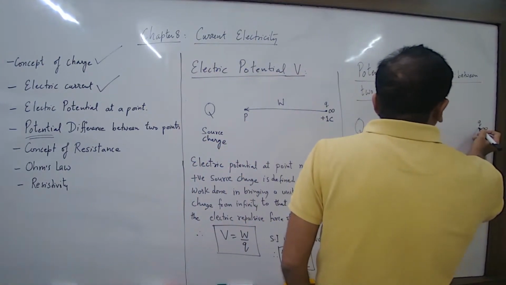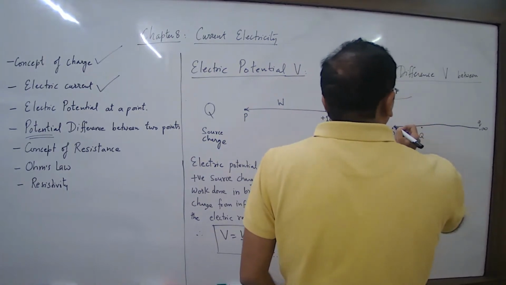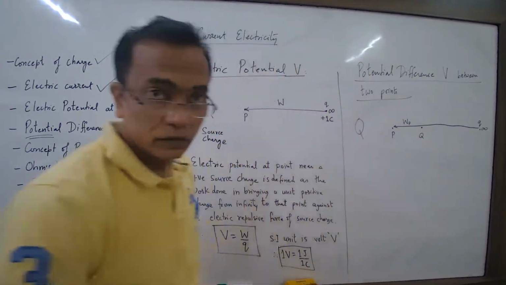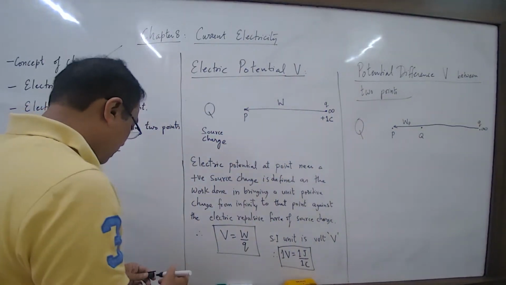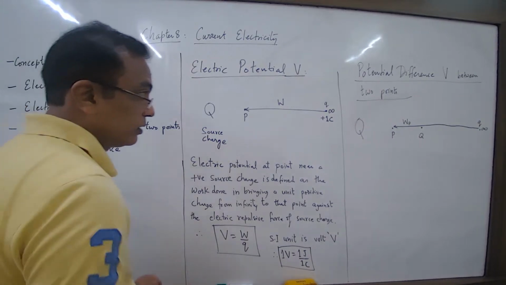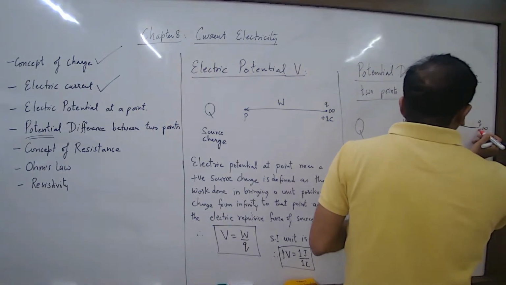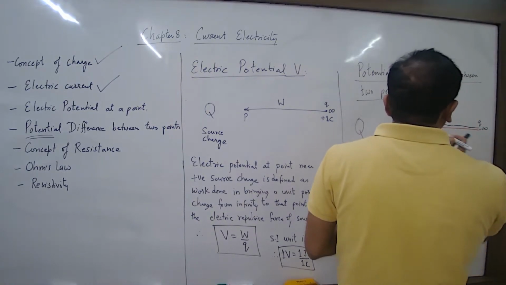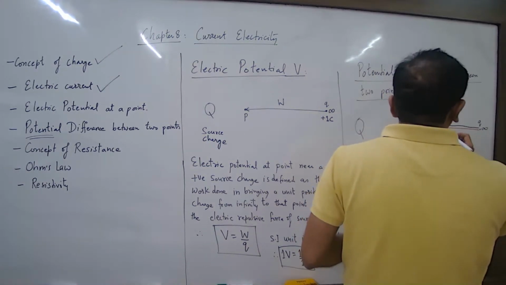Let's say the work done in bringing the charge Q from infinity to point P is WP. Okay? And the work done in bringing the charge from infinity to Q is WQ.